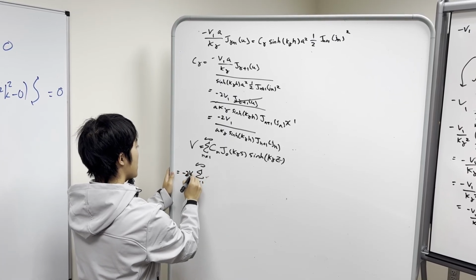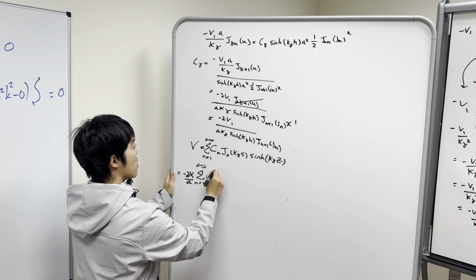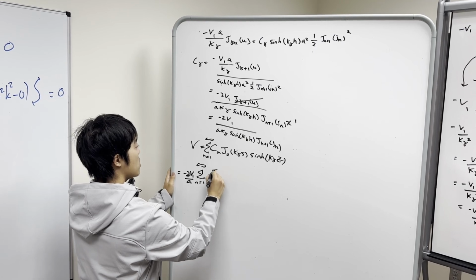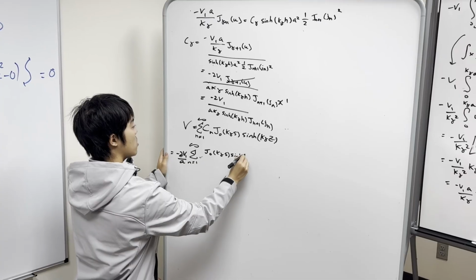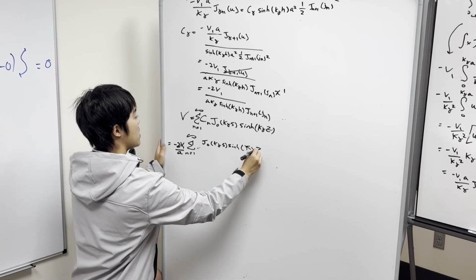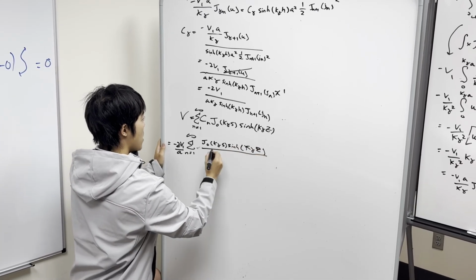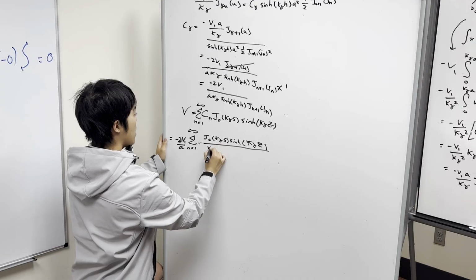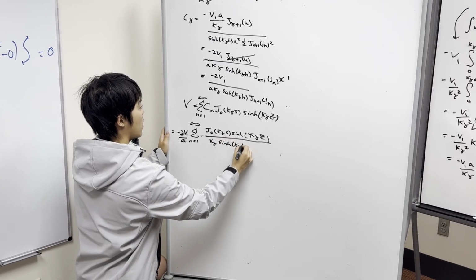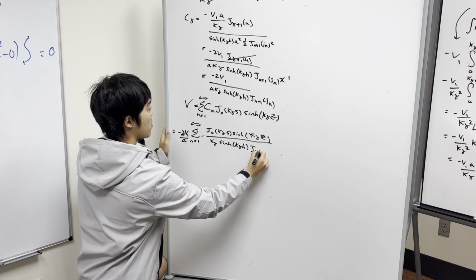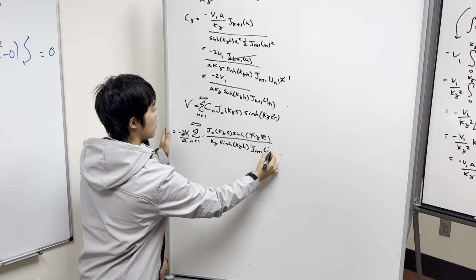We can also pull out the a, where we get J naught K gamma S sinh K gamma Z, and we divide that by K gamma sinh K gamma H Jn plus 1 Jn.